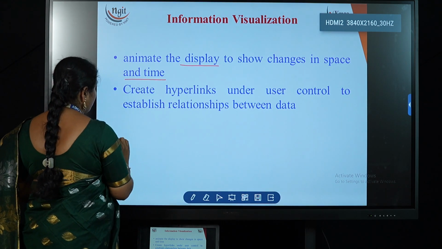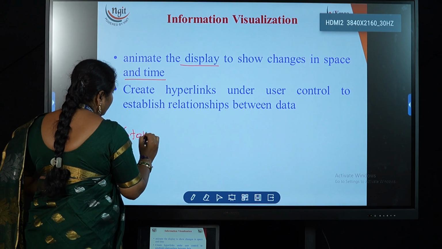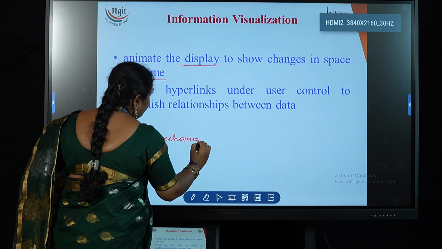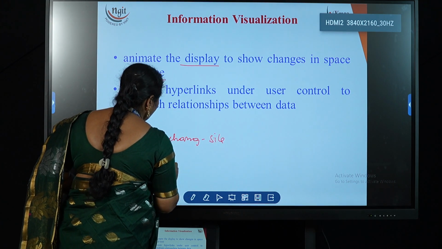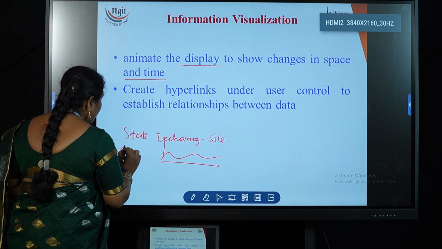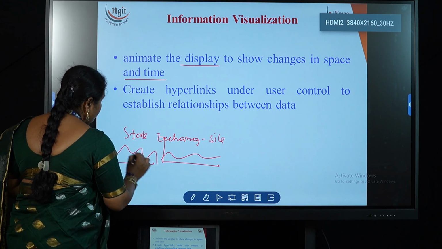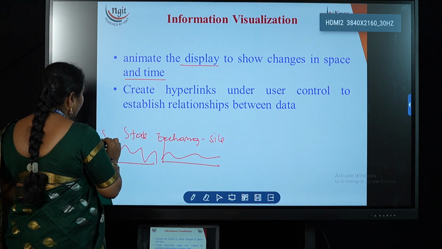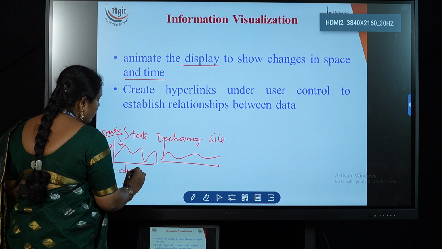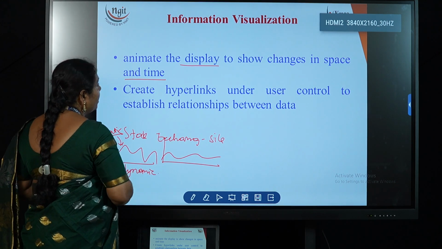Suppose I take the stock exchange, the best example. If you open that site, the graph will be moving like this, X, Y, Z, and the values are always moving. These are not static, these are dynamic values. Now this has been incorporated.